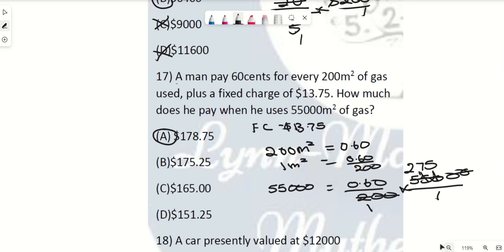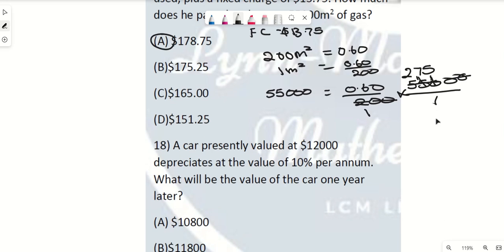Yeah, 275. And then you're going to multiply 275 multiplied by 0.60. I told you guys, when you are multiplying decimals like this, remove your decimal point, so it'll be 275 multiplied by 60, right?